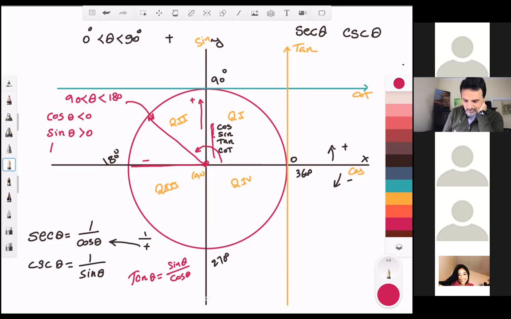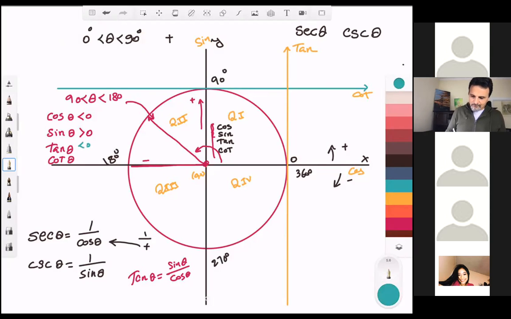What do we think about tangent of theta and cotangent of theta? Noor, are they positive or negative? Negative. Both of them? Yeah.